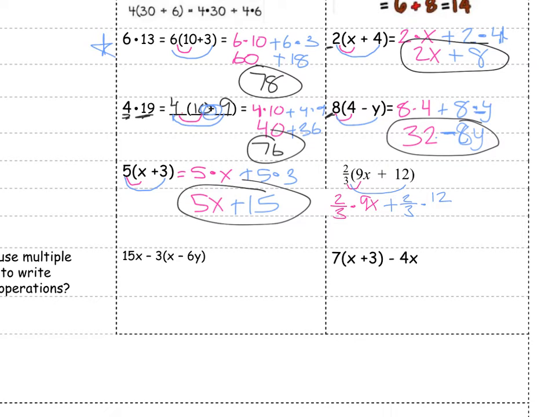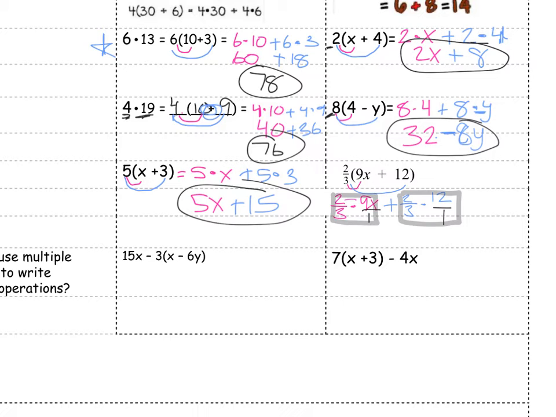And remember, when you have a whole number, we're just putting that all over 1. So think about this part together and then this part together, kind of like parentheses.